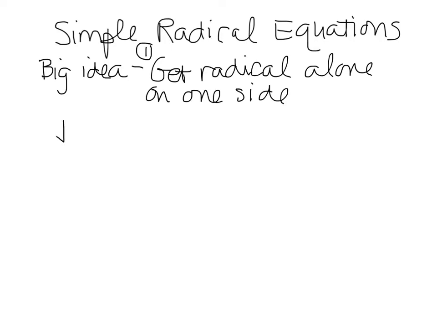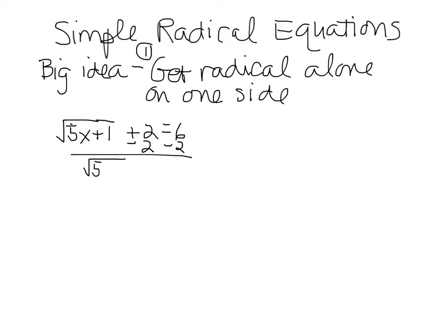So let's just go straight to an example, which is the square root of 5x plus 1, plus 2 equals 6. To get the radical alone on one side of the equation, I just subtract 2 from both sides, leaving me root 5x plus 1 is equal to 4.